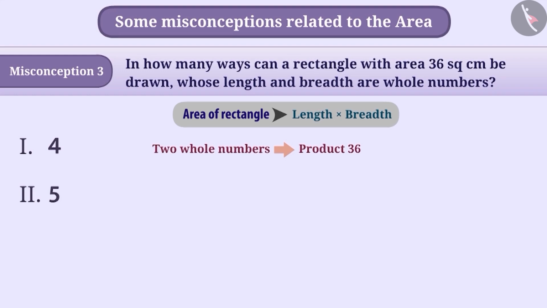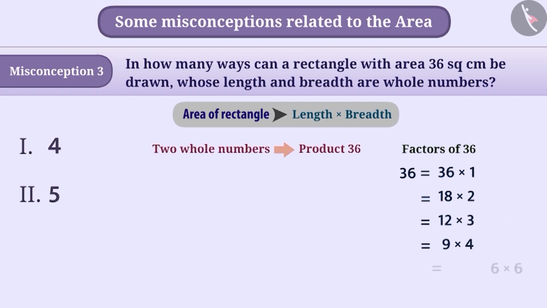For this, we will write the factors of 36. We can write 36 is equal to 36 multiplied by 1, 18 multiplied by 2, 12 multiplied by 3, 9 multiplied by 4, 6 multiplied by 6. So here, we get 5 pairs of numbers.